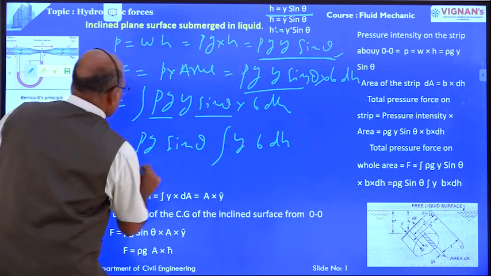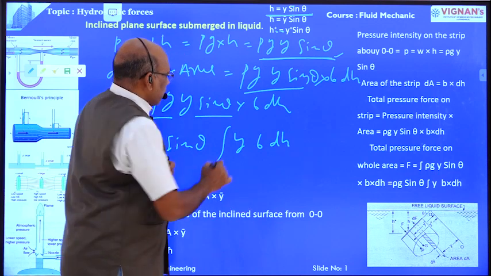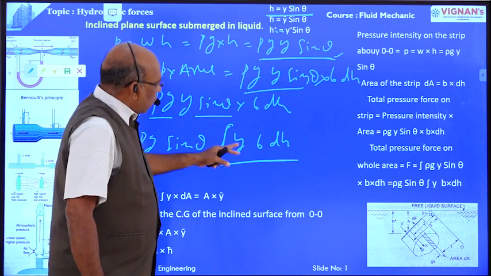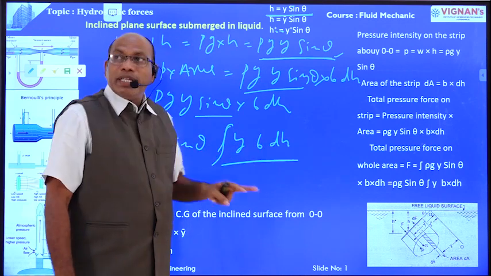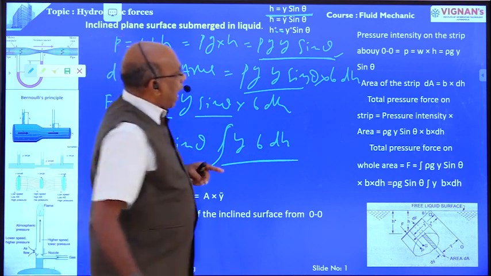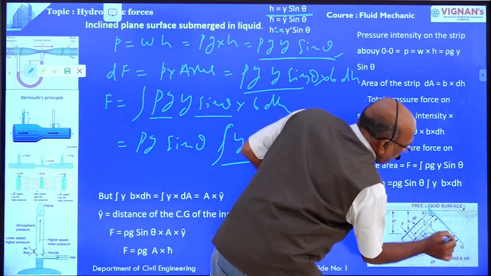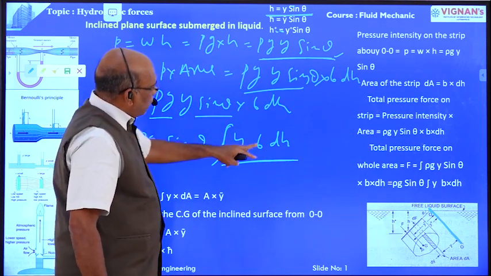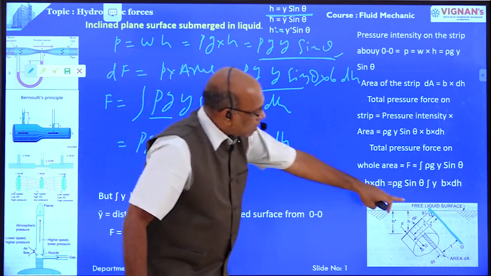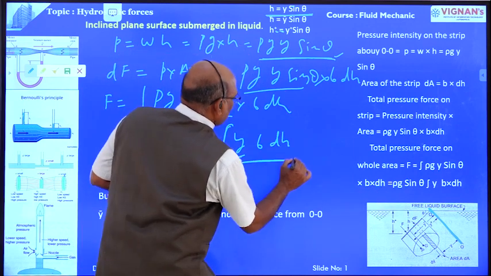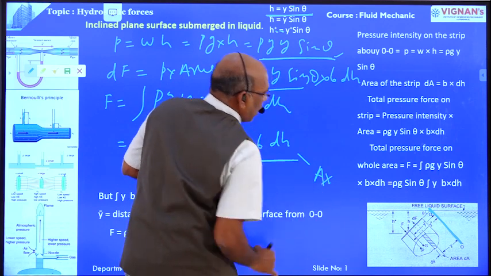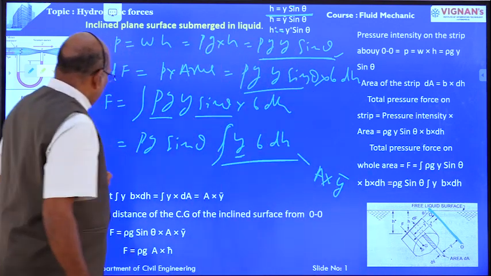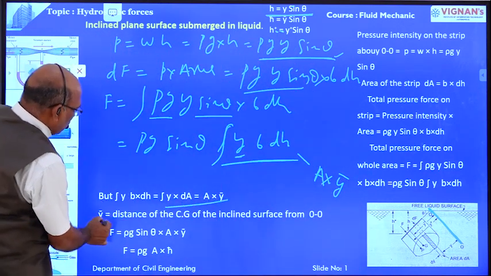Integral y b dH is the moment of area about the axis OO, because this is y not h. Therefore this is also nothing but area into y bar.